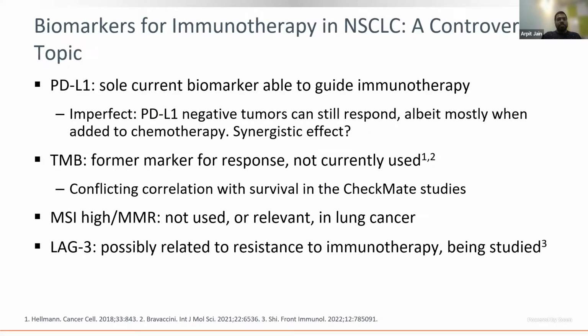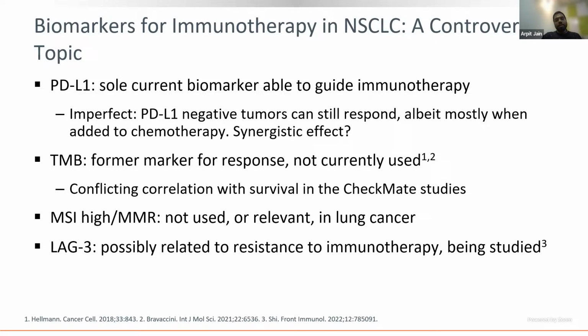Again, definitely PDL1 is not the sole biomarker available, and also not a very good biomarker for assessing the efficacy of immunotherapy, as some PDL1 negative tumors can also respond to immunotherapy. And in some cancer patients, immunotherapy is recommended irrespective of PDL1 status.